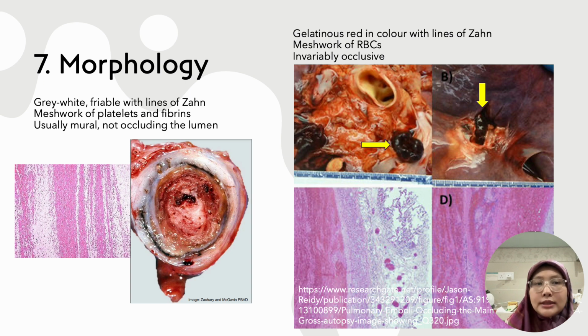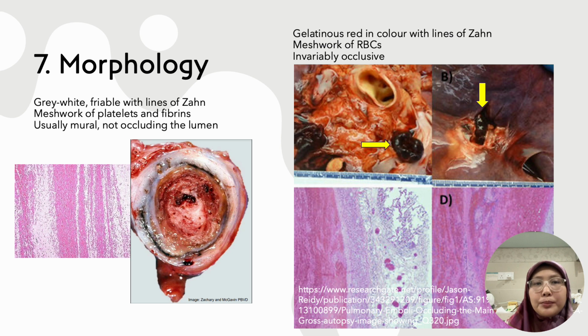This is histologically what we call the lines of Zahn. You can see the gross morphology to see the lines of Zahn also. In arterial thrombosis, it is because of the meshwork of platelets and fibrin, so you can see the gray-white variable with lines of Zahn. This is totally occluding the lumen in arterial thrombosis.